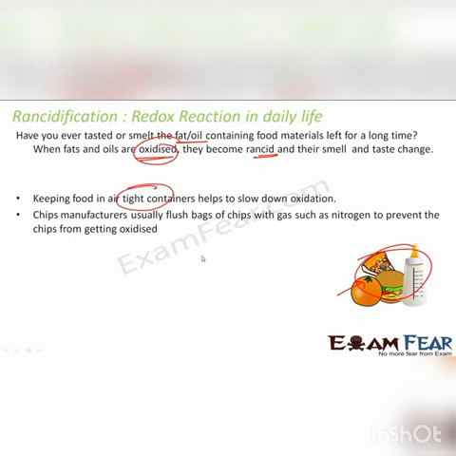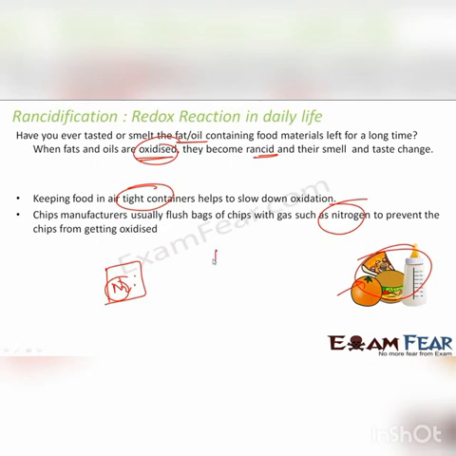Also if you see the chips which you get, Uncle Chips and Lay's and all the chips, they are packed in wrappers and they are airtight. Inside they put some nitrogen so that they don't come in contact with oxygen, and this prevents these things from getting oxidized. Because if it's oxidized, it gets spoiled.